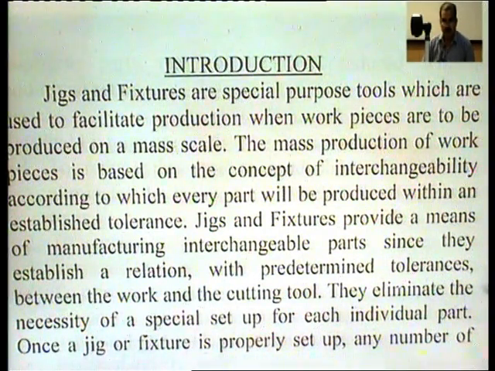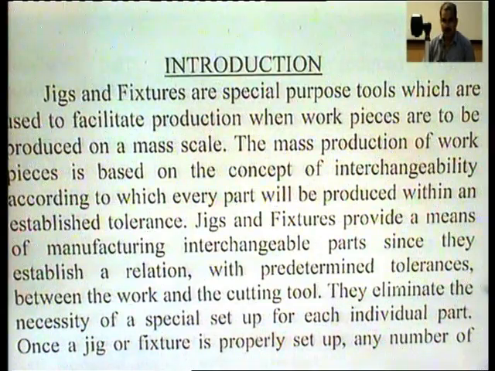Jigs and fixtures provide a means of manufacturing interchangeable parts, since they establish a relation with predetermined tolerances between the work and the cutting tool.